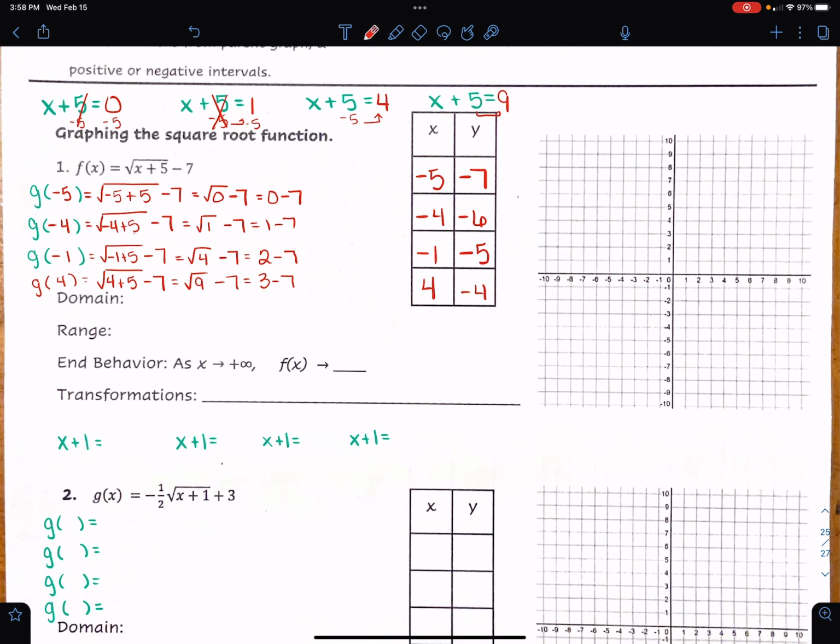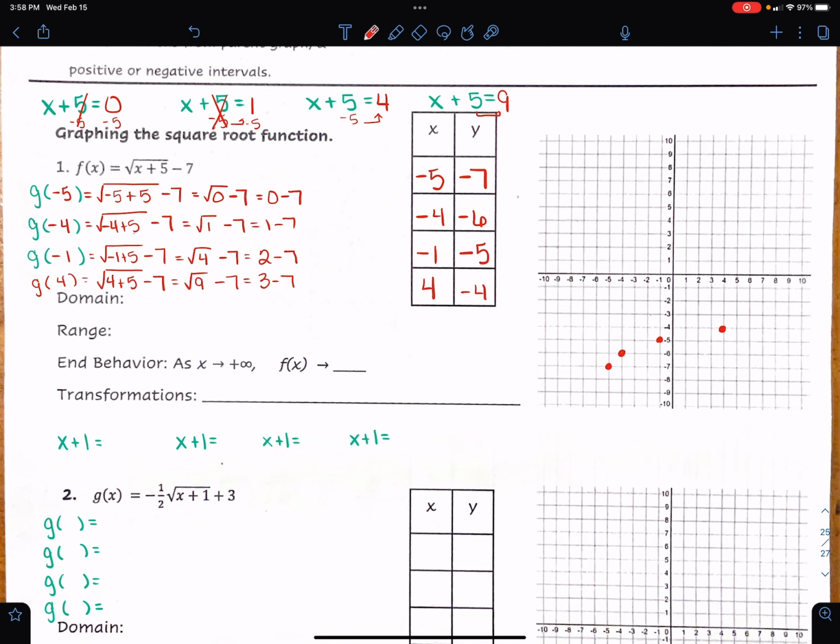Okay, let's go ahead and plot those values on the coordinate plane. So I have -5, -7, -4, -6, -1, -5, and 4, -4.